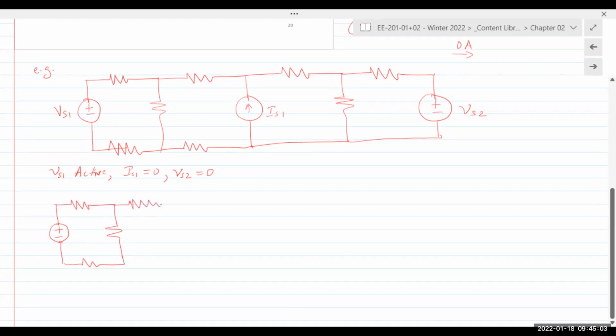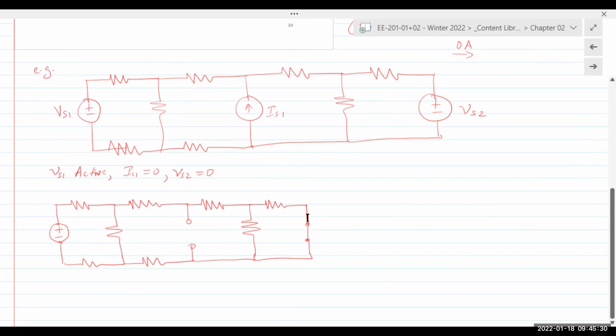I reduce IS1, the current source, to 0. What does that mean? I leave it open. The circuit has now changed, and VS2 0, meaning replace it with a short circuit.